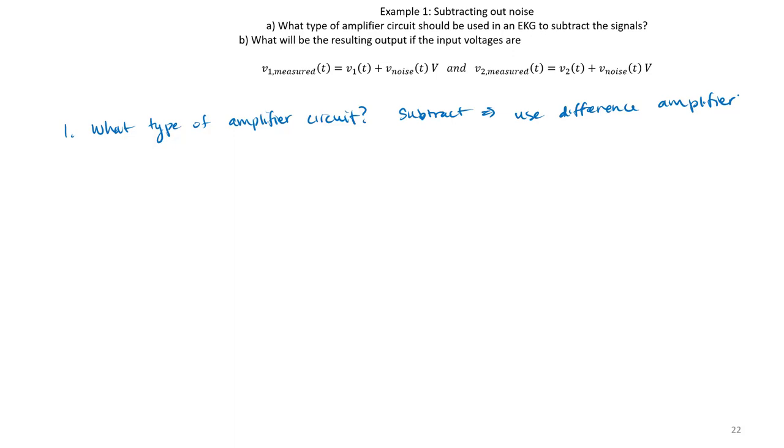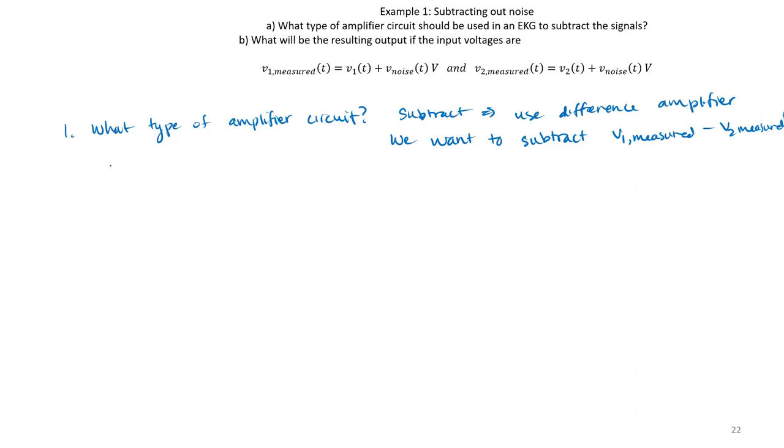And notice in this case, we want to subtract V1 measured minus V2 measured, because that will give us the desired electrocardiogram trace.